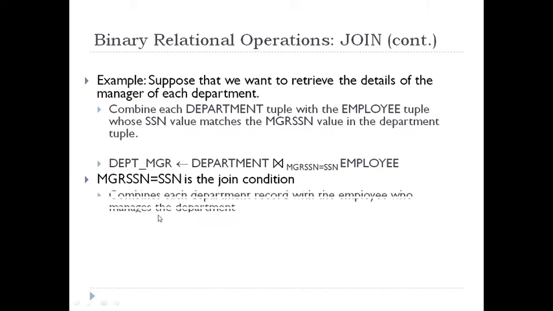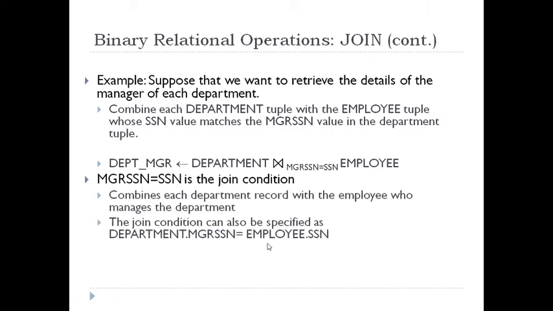You can write the same boolean expression using the relation names. For example, manager SSN is in the department relation, so you can write department dot manager SSN equal to employee dot SSN.